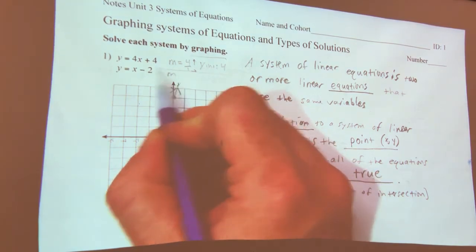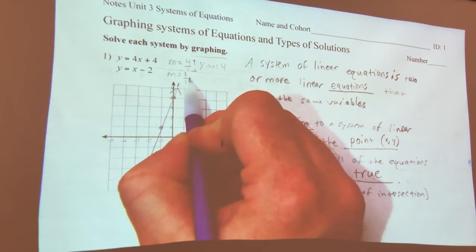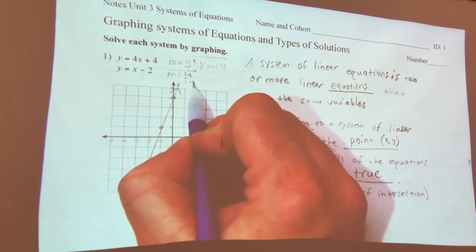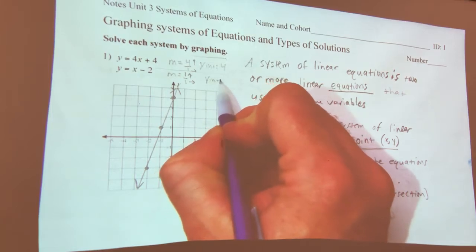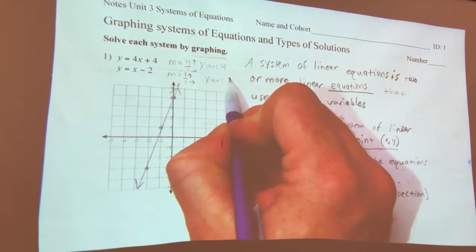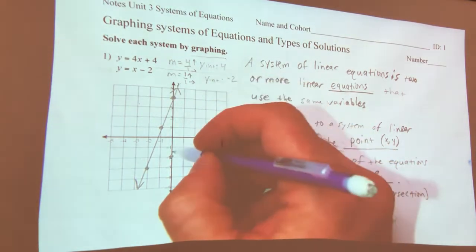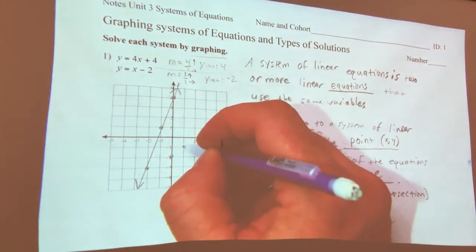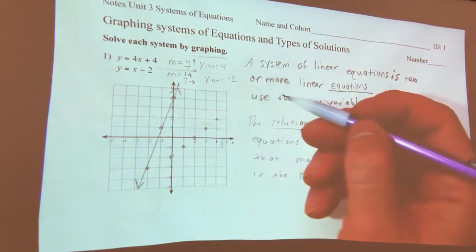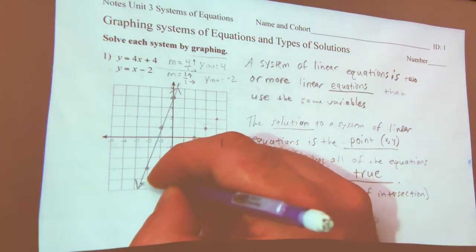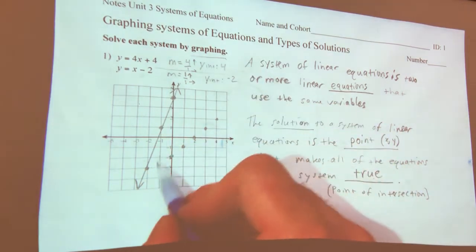So this one has a slope of 1, right? That invisible 1 there. So we'll think of it as 1 over 1. So that's 1 up and 1 to the right, and a y-intercept of -2. So go to -2, and let's go up 1, right 1, up 1, right 1, up 1, right 1, up 1, right 1, and we can see that it's going to cross somewhere back here.